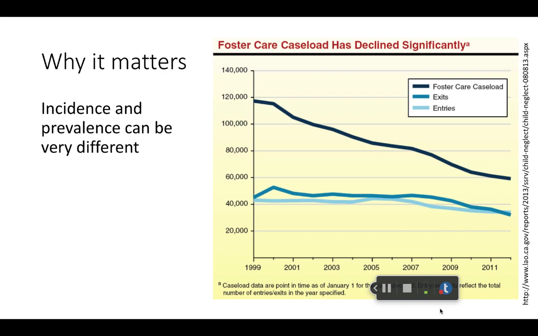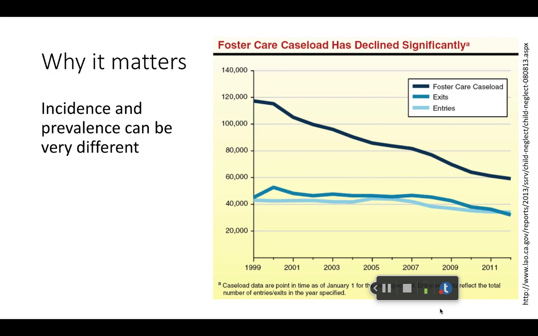Here's another example. Foster care caseloads have declined significantly from 1999. The top black line is the foster care caseload. This would be a prevalence estimate if it was divided by the relevant population size, but right now this is just a count of the foster care caseload in California. It's affected by what we call exits and entries into foster care.